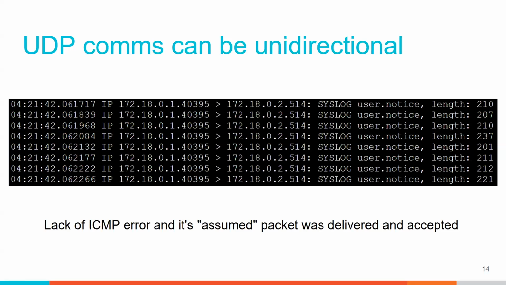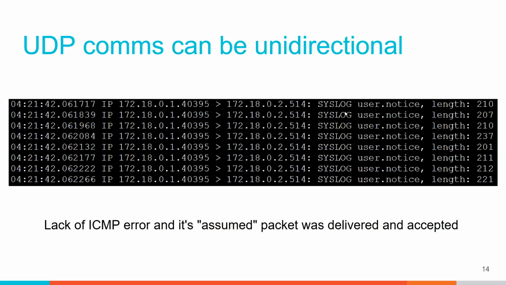If I don't get anything back, I'll just assume it made it through. No, it's not always how it works, right? What if I have a firewall in the way with a drop rule? The firewall will drop this packet. No response will get sent back to the transmitting source, so the transmitting source will think these log entries are getting through when in fact they're not. And that's not a good thing.